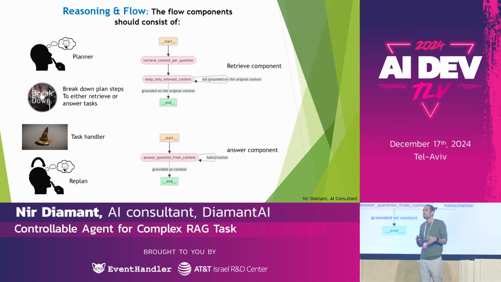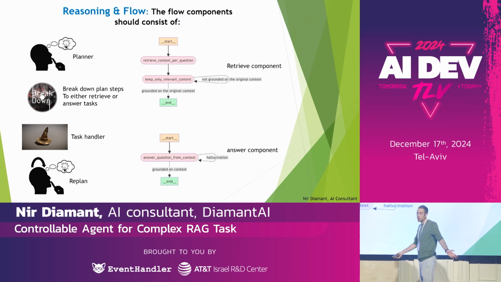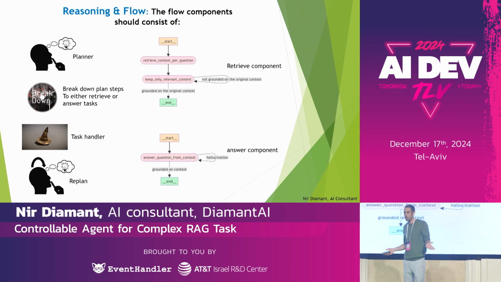We don't know that these steps are definitely going to solve it, but it's just the beginning point of the agent. We want it to break the question down into steps to either retrieve or answer tasks, then use a task handler that sorts each task to either the retrieving or answering tool.